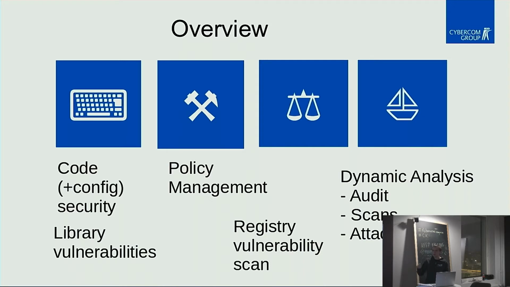Today we are discussing more about registry vulnerability scanning and library vulnerability scanning. But of course, just to give the context, in security, if you are in production, it's more dynamic. Someone could actually breach your system. There are the audits, and you can do more dynamic things, also automated. And of course, when you're coding, then you have other tooling.